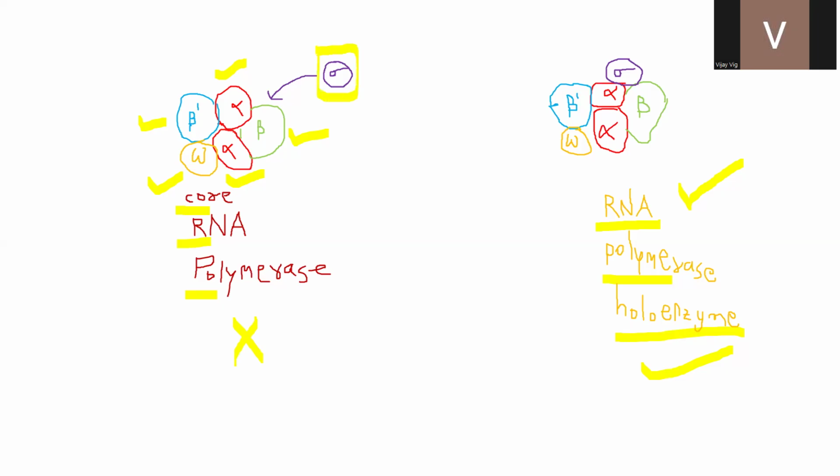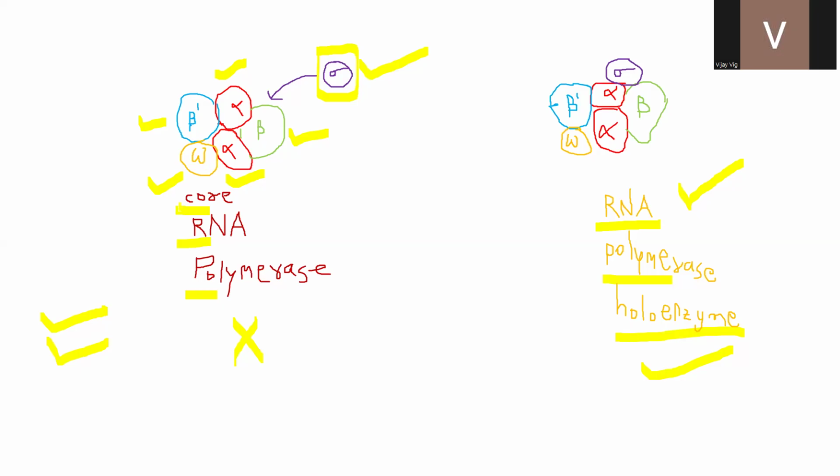This is an important polypeptide for initiation, and yes, we'll see in the next video how this sigma factor recognizes the -35 and -10 consensus sequence, and it's a key player in initiating the transcription in bacteria. So without sigma factor, can the core enzyme do the transcription? The answer is yes. Can it make the mRNA? The answer is yes. Then if it can do the transcription without sigma and can make the mRNA, what is the problem?